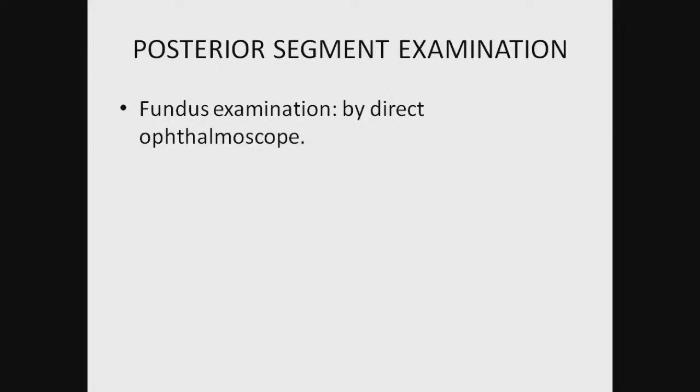Such findings of diabetic retinopathy will be there. By that you can diagnose the cause of the gradual progressive loss of vision. So these are generally the common causes of gradual progressive painless loss of vision.